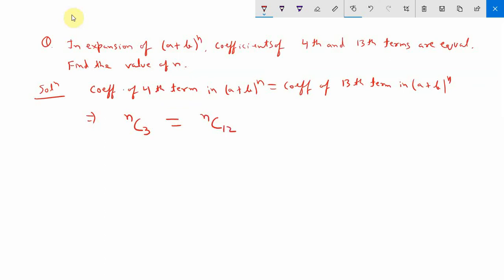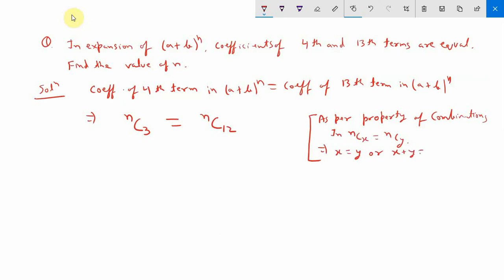Now as we have seen, as per the property of combinations, if nCx equals nCy, it implies that x equals y or x plus y equals n.